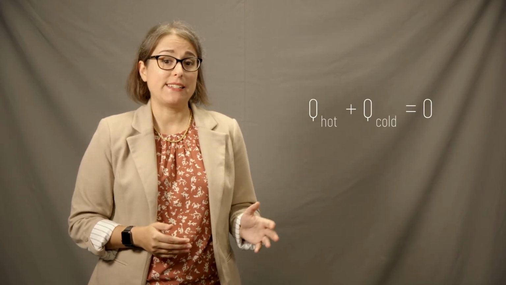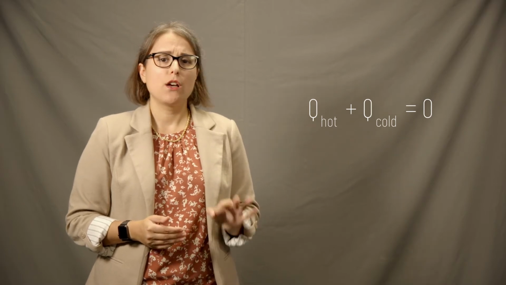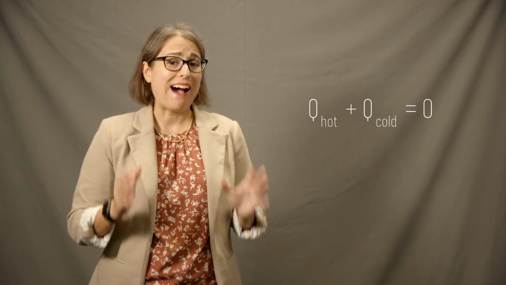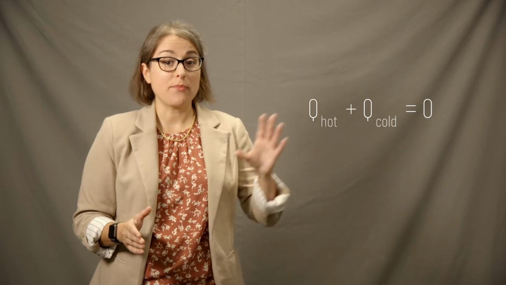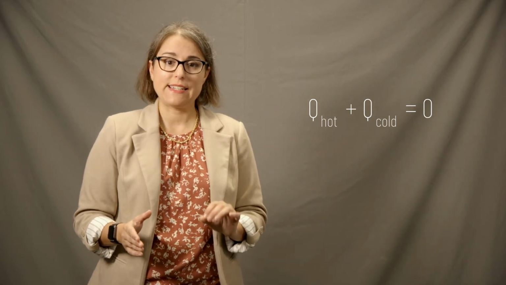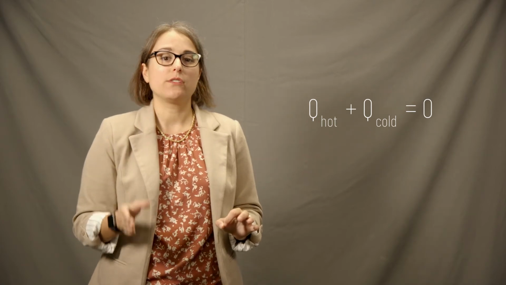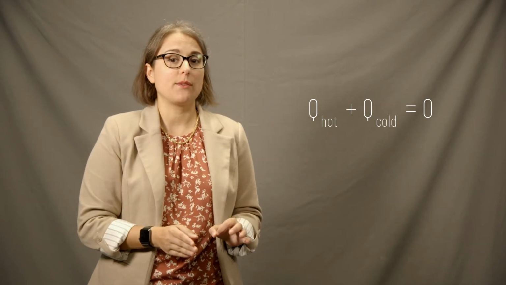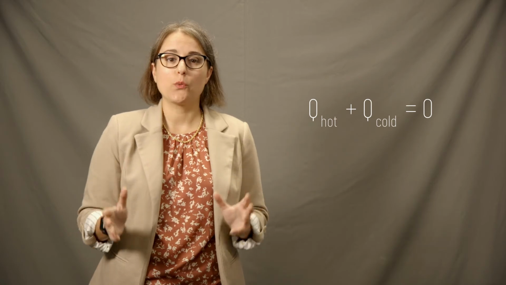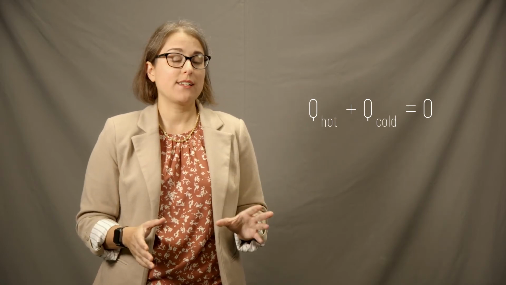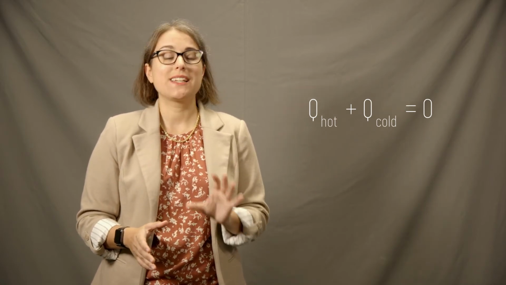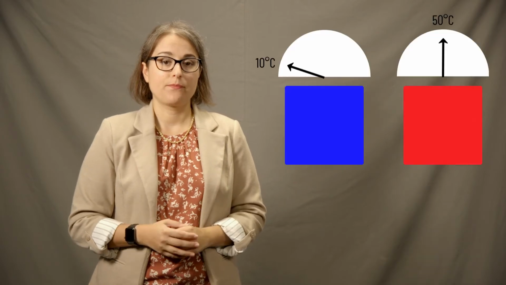Assuming that no heat is lost to the environment, we know that if we take something hot and mix it with something cold, the heat that enters the cold substance is exactly equal to the heat that leaves the hot substance. In other words, Q hot plus Q cold equals 0.